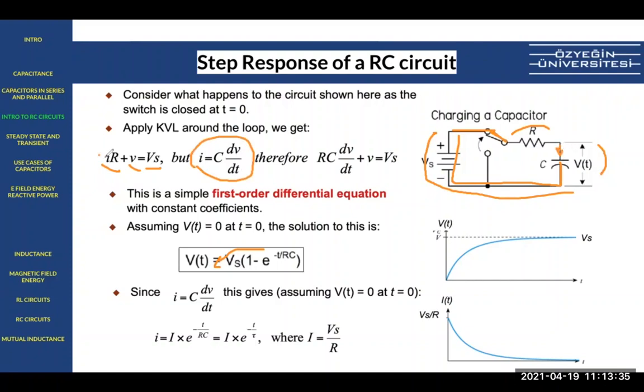And then we replace it here, and then you have the first order equation. For the first order equation, you just make sure that the derivative coefficient is 1, so we divide all sides by RC, okay? So this goes away, this becomes RC, and this becomes RC. Then this is a first order differential equation with constant coefficients, and you should know how to solve this first order equation.